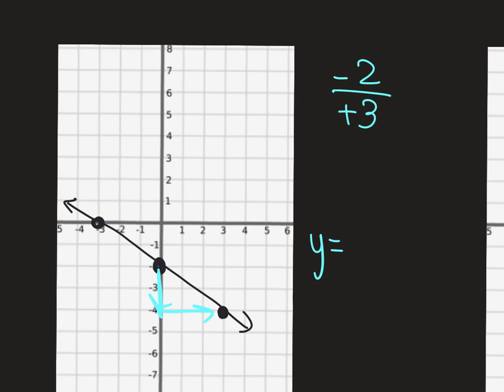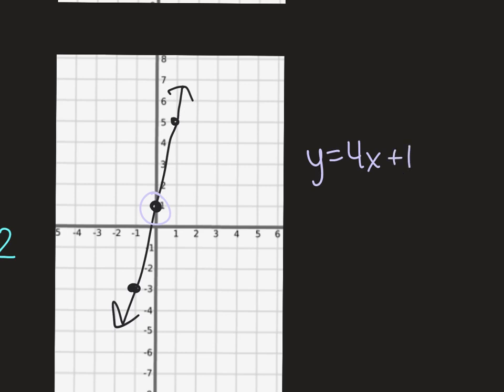I could also go up 2 and left 3. In the end, we get negative 2/3. So we put a negative 2/3 in front of our x. Then we look on the y-axis. Bingo, there's our dot. Where's our dot? He's at negative 2. So my equation is y equals negative 2/3 x minus 2.